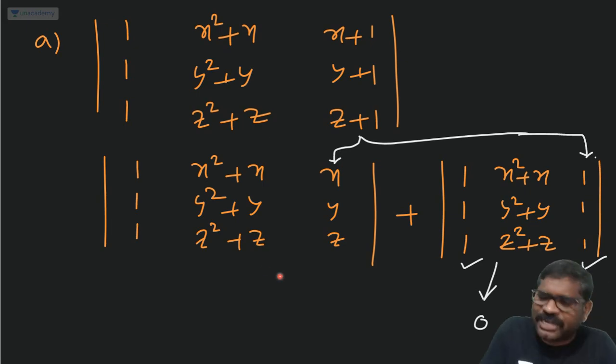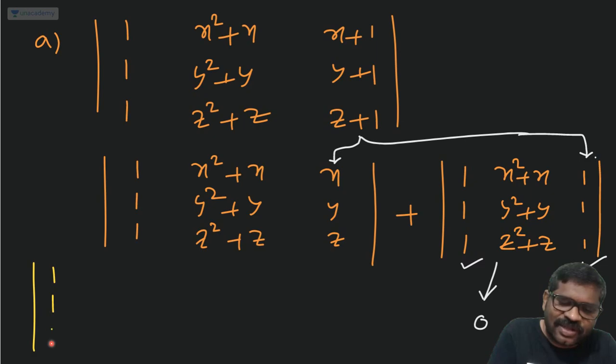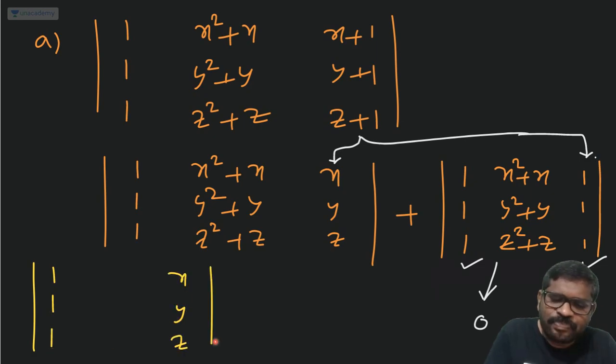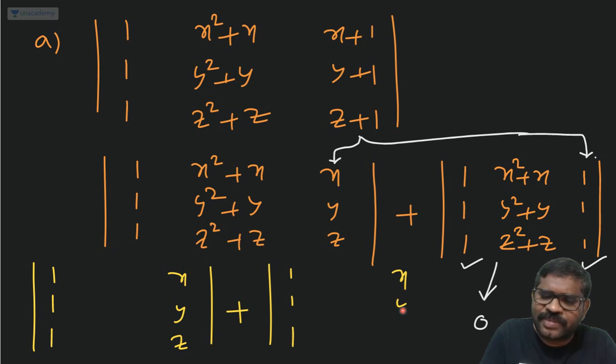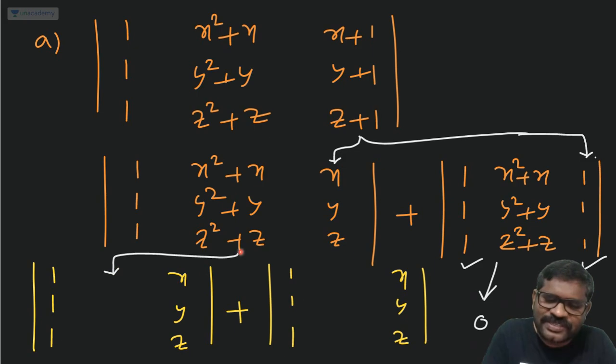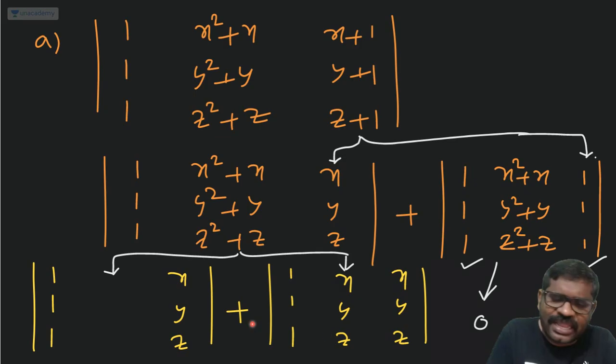Now observe carefully. This determinant can be further split into two parts like this: first column as it is, third column as it is. I am going to split the second column into two parts: x y z, and x square y square z square.